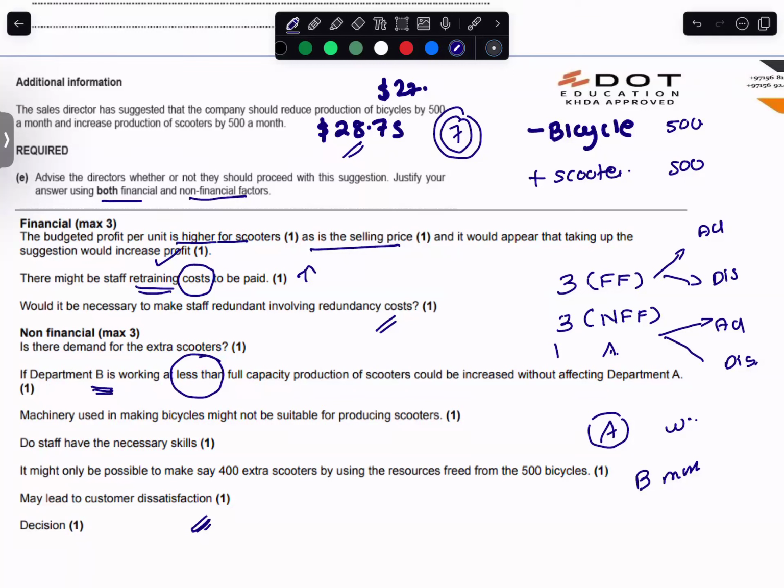and if you have demand for bicycles and you would stop, you would make your customers go to other people. You also have to see that the staff that is producing bicycle, do they have the skills to produce scooter? Because you can't just keep them like that, right?